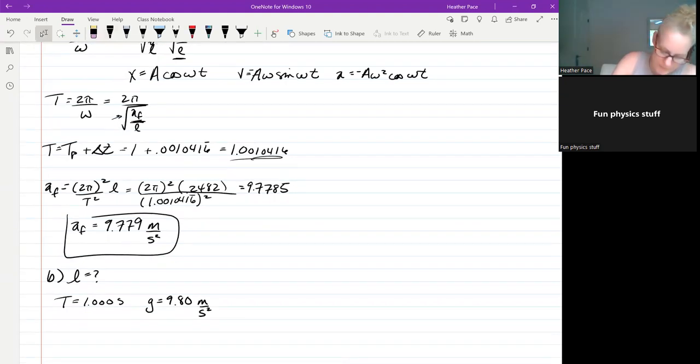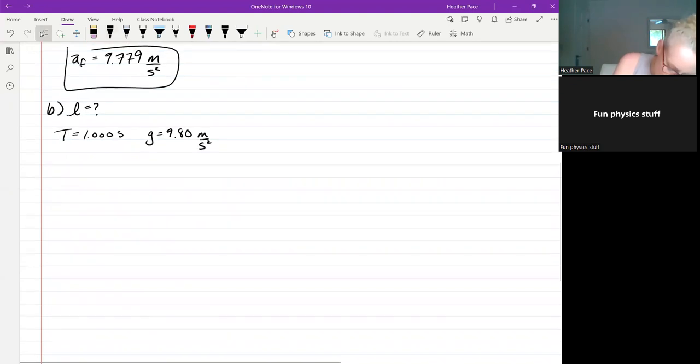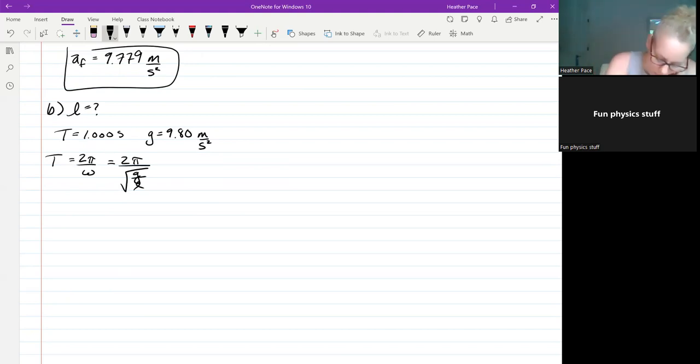Okay, that's enough to solve this. Our equation is T equals 2 pi over omega equals 2 pi over the square root of g over L. We're going to square both sides and get T squared equals (2 pi) squared L over g.